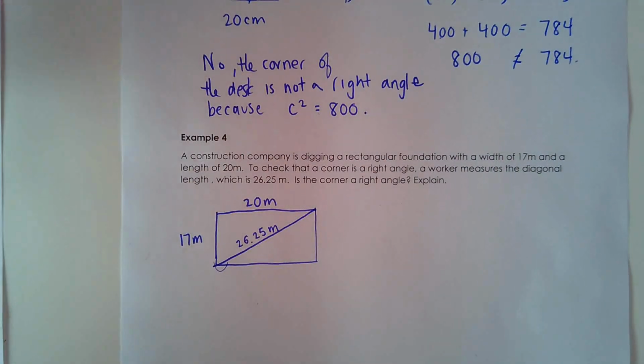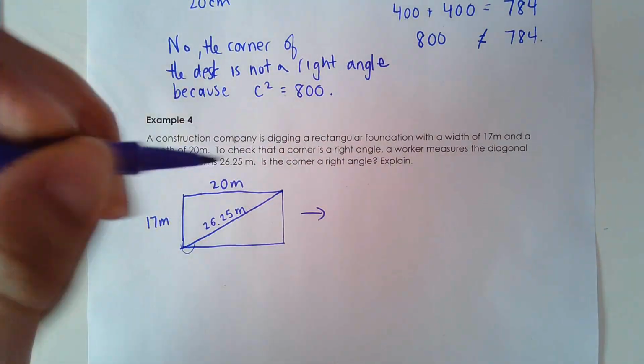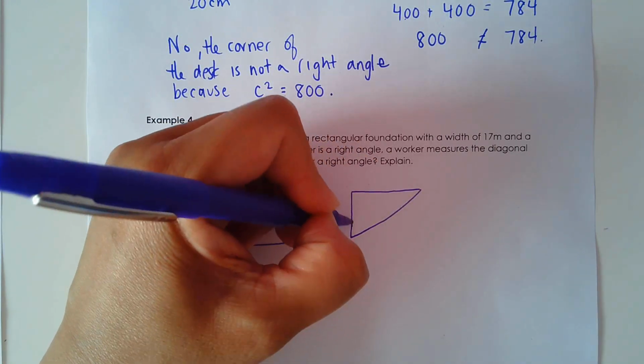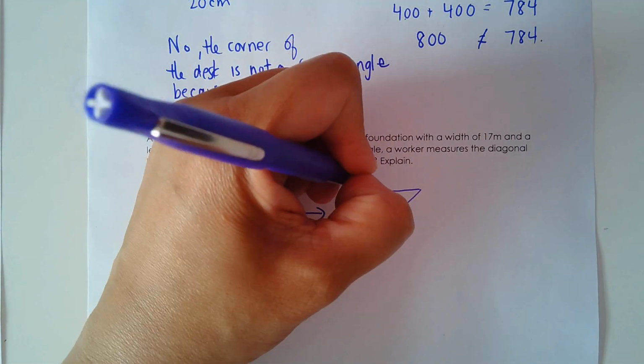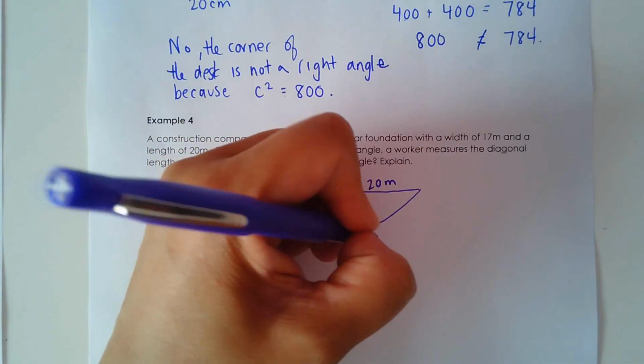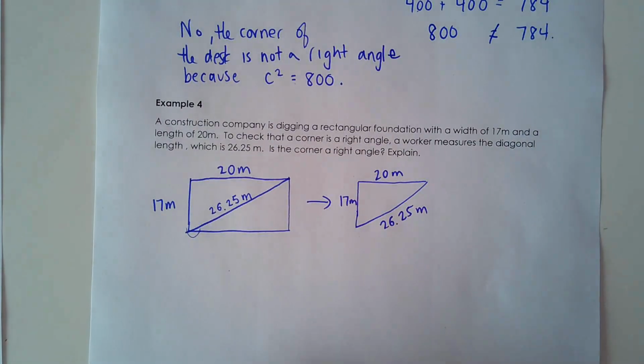So we'll do the same thing. We'll plug in the values. I'll draw a right triangle. Well, a potential right triangle. So 20 meters, 17 meters, and 26.25 meters.